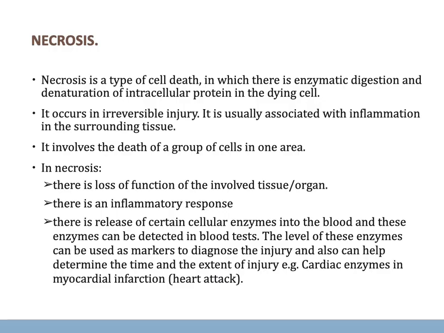Now, the most common type of cell death that occurs secondary to cell damage is called necrosis. As I've explained earlier, in necrosis the cell is basically being eaten from the inside out. The enzymes released by the lysosomes and the proteasomes digest the contents of the cell.